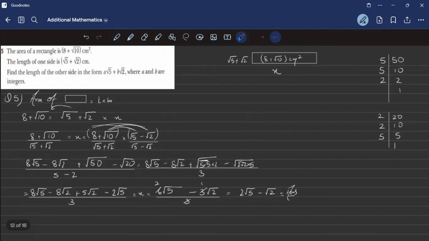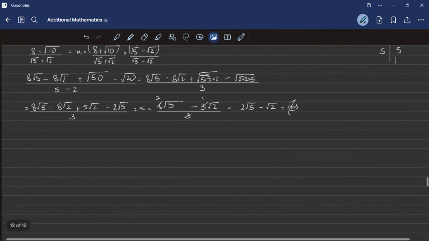It's not necessary to make the addition or subtraction sign equal. The main necessity is to get the form a under root 5 plus b under root 2. And we have got that form, 2 under root 5 minus 1 under root 2. So that's it for question number 5.